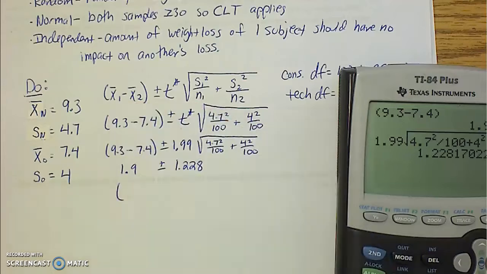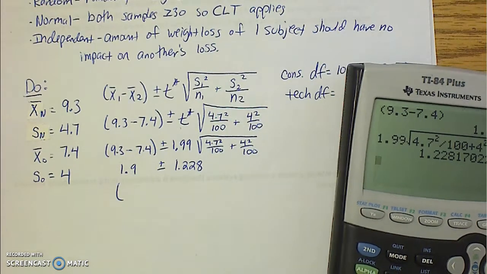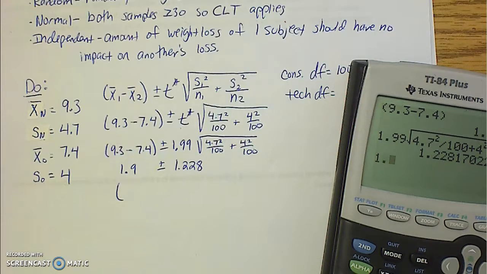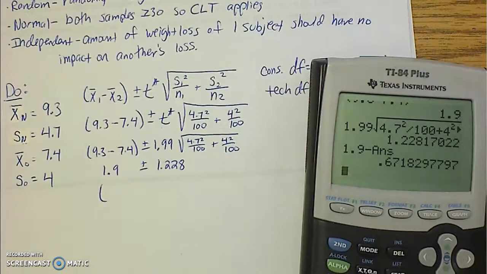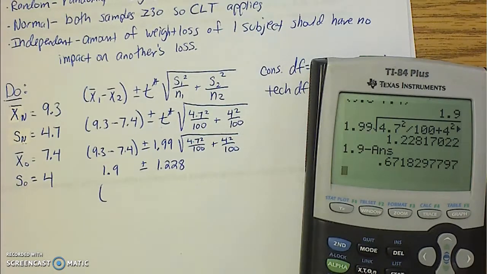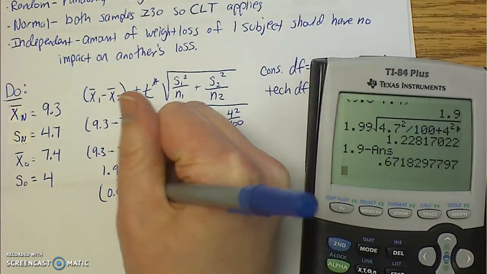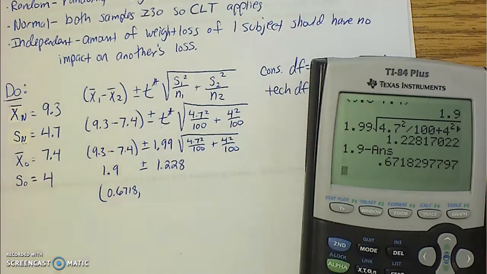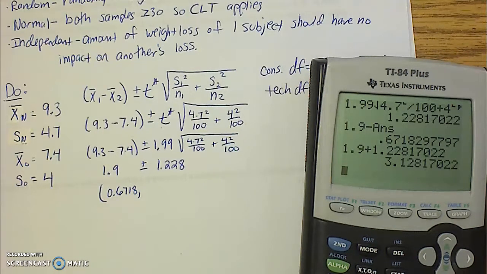And that'll give us a confidence interval of, so I'll subtract that answer. You see that? So 0.6718 for my lower bound, and 1.9 minus, oh, I don't need minus, I already minus, I need to add that answer, gives me 3.128.